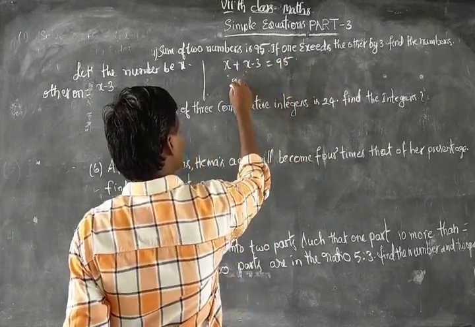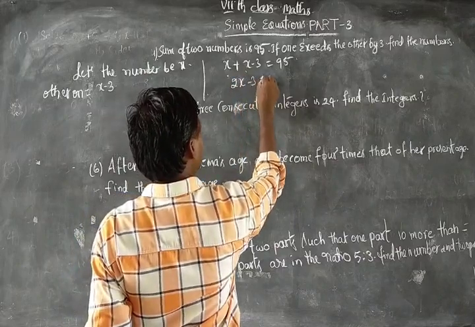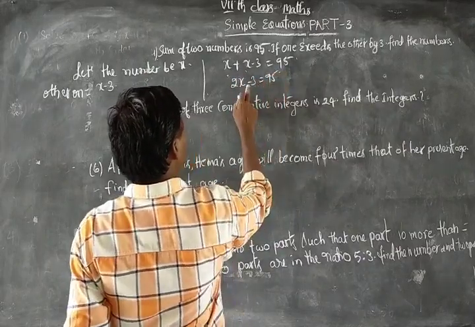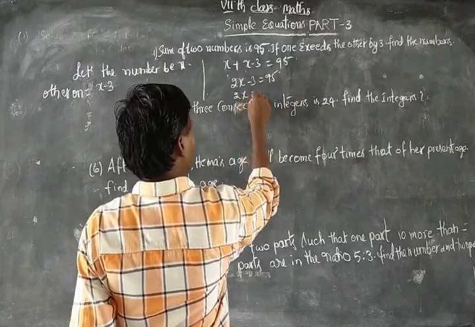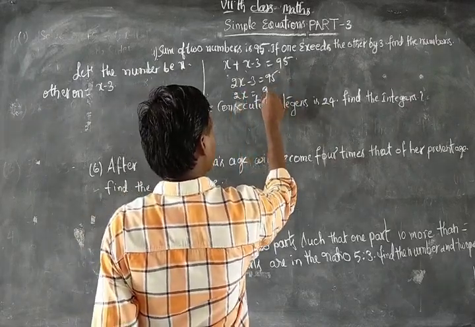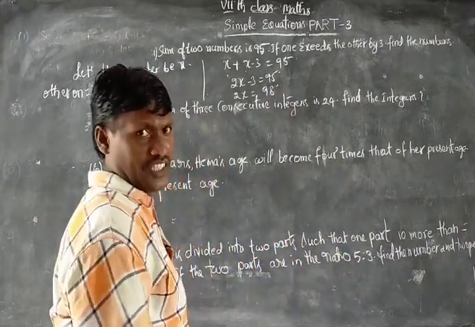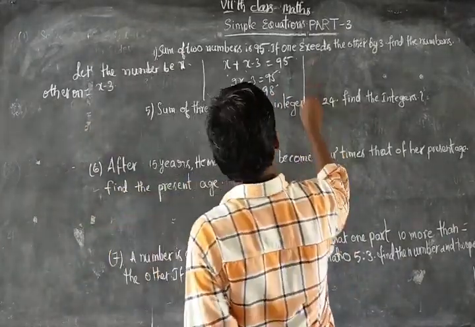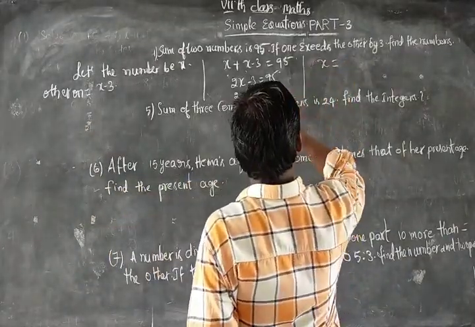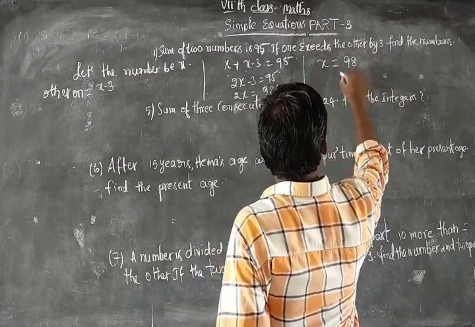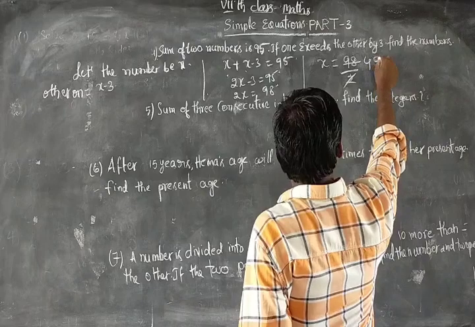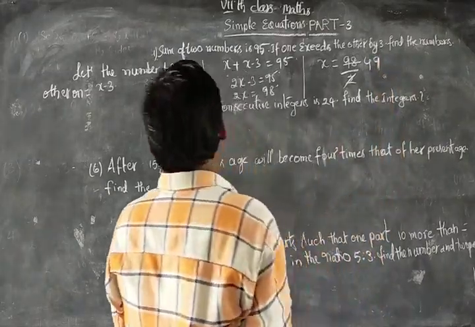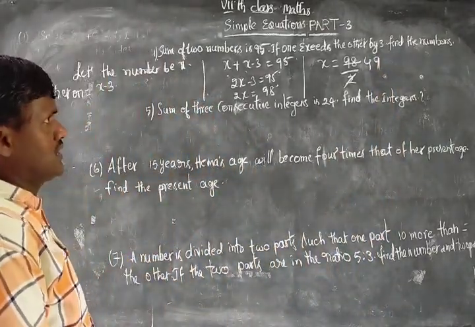x plus x, 2x minus 3 equal to 95. Transpose minus 3 to the right side. We get 2x is equal to 95 plus 3, 98. So x is equal to 98 by 2. How many times? 49.